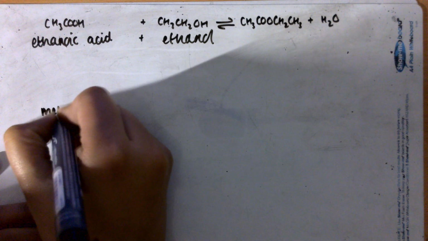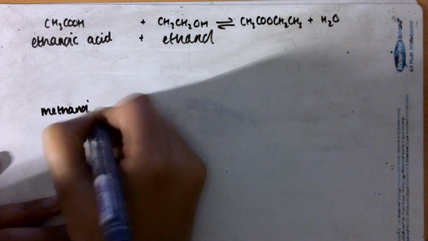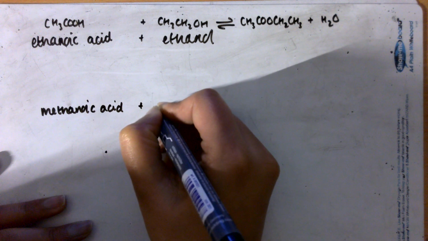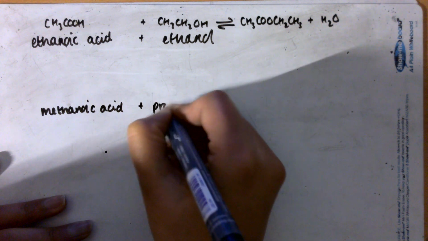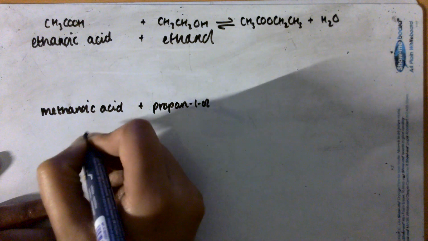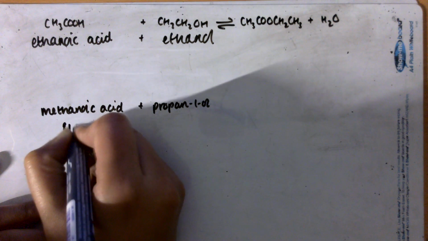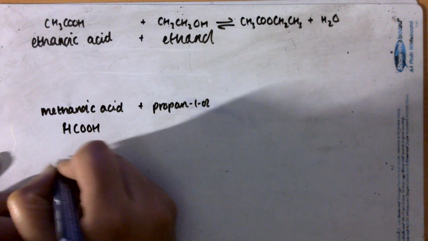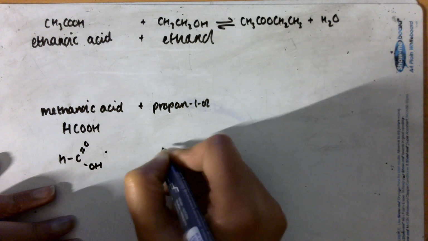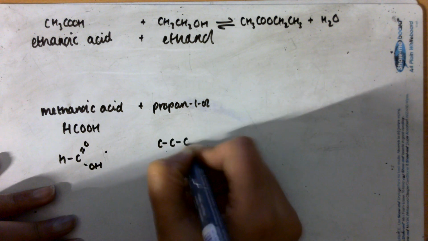If I had methanoic acid, and I reacted it with, let's go for propan-1-ol. Thinking about our methanoic acid, that's our HCOOH. And I react with propan-1-ol.